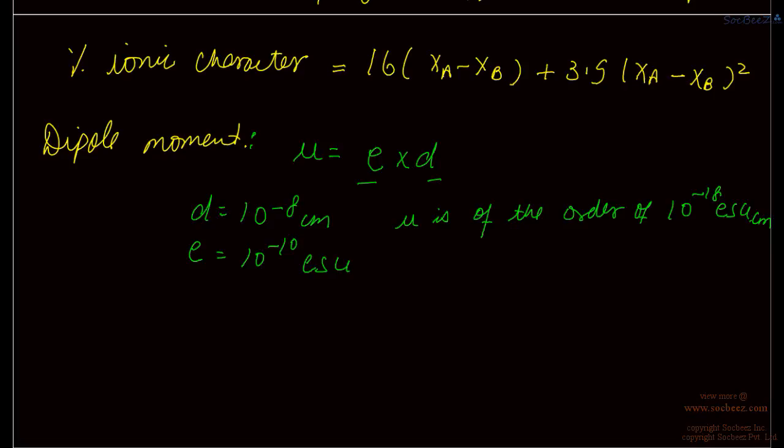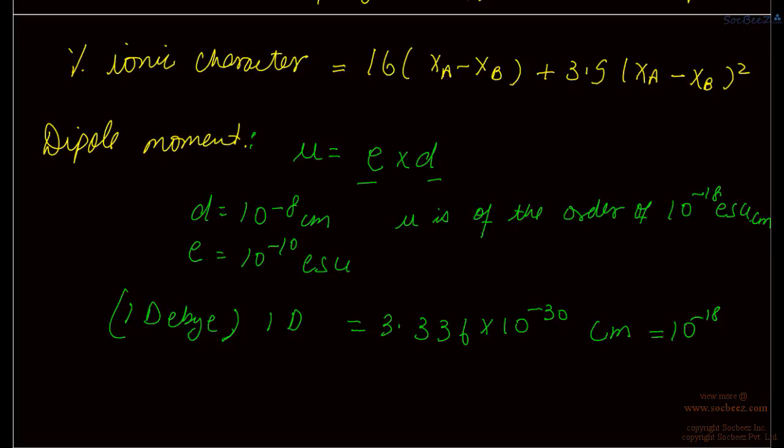Now if we convert this into debye, then 1 debye equals 3.336 into 10 raised to the power minus 30 coulomb centimeter, or from here it is equal to 10 raised to the power minus 18 ESU centimeter.